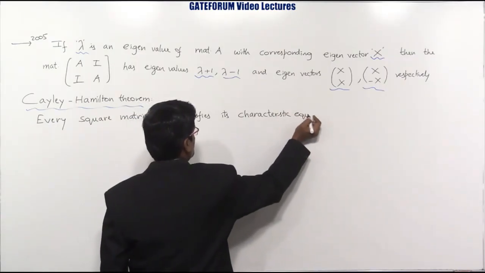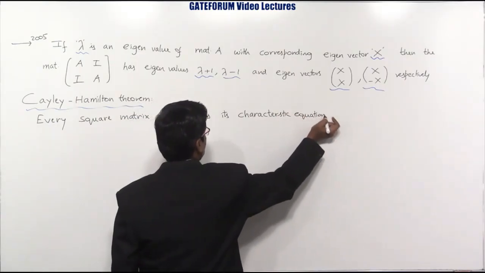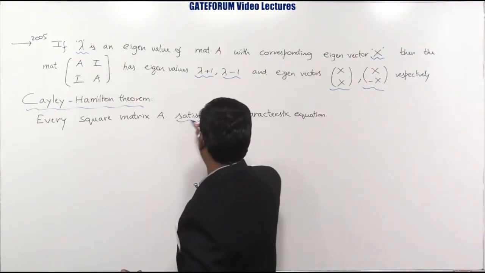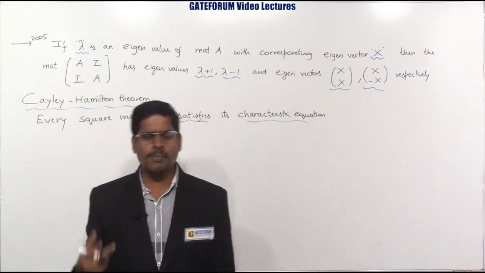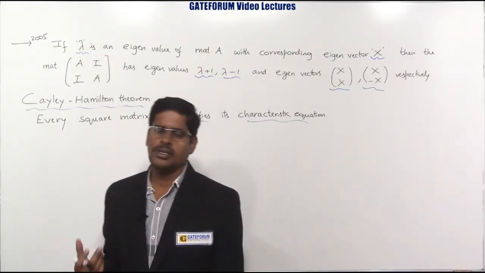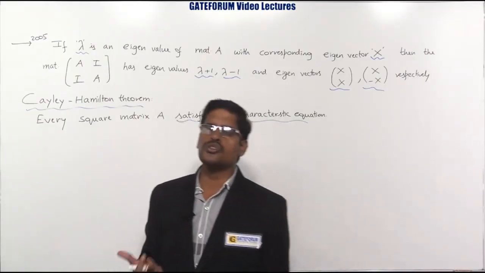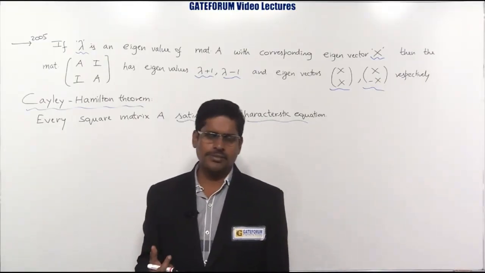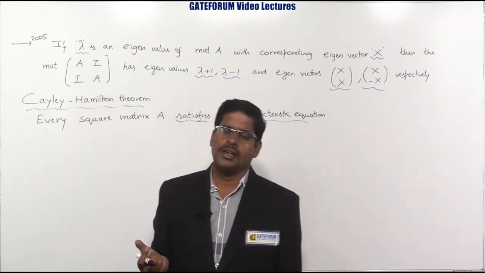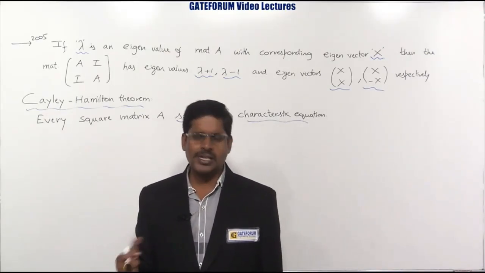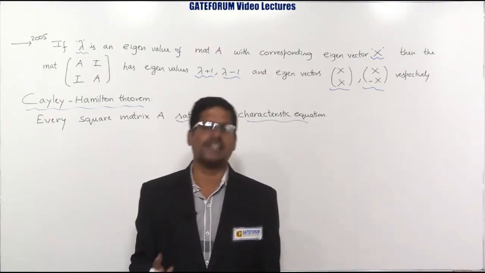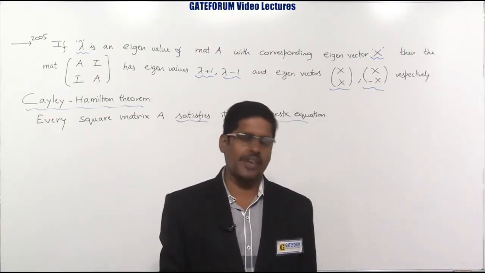Easy to understand, easy to remember, everyone, this result. So A satisfies its characteristic equation. Similarly, B matrix satisfies its characteristic equation. What is the application? The advantage is used to find A inverse without adjoint of A, and to find higher powers of A: A square, A cube, A power 4. Sometimes all these are expressed as lower polynomials of A.